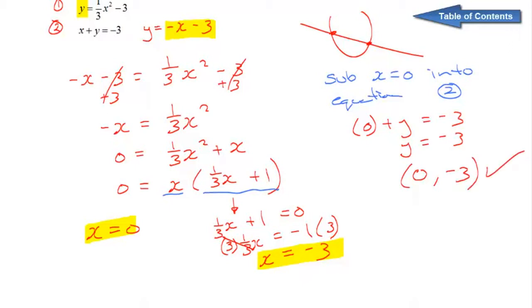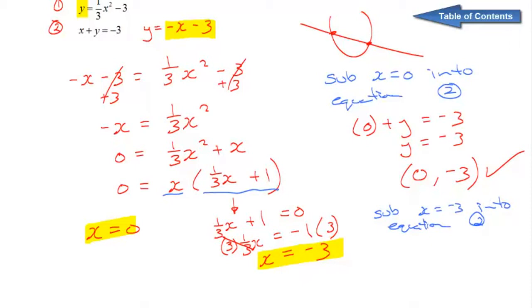Solution number 2. Well, I'm going to do the exact same thing here, only I'm going to substitute in this negative 3. So I'm going to say sub x equals negative 3 into equation 2. Now, could I have substituted into equation 1? Absolutely. The reason I'm using equation 2 is, frankly, I just think it's easier to deal with.